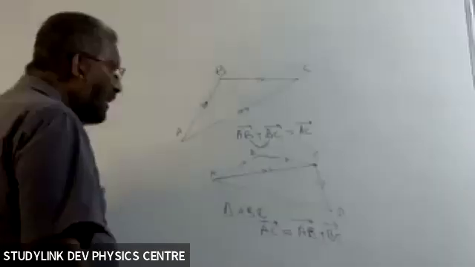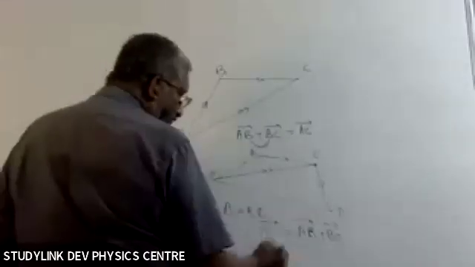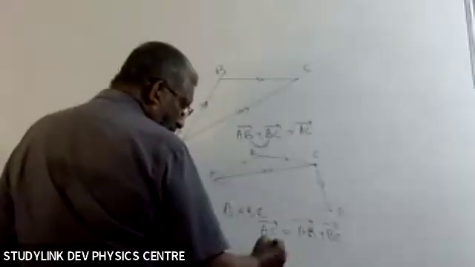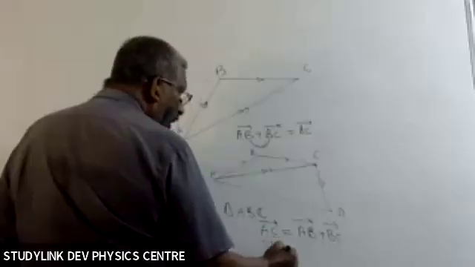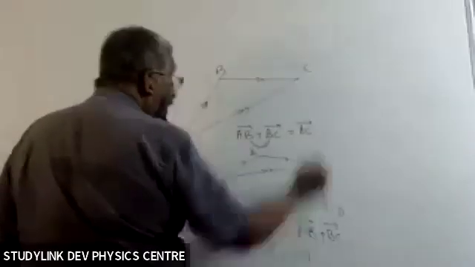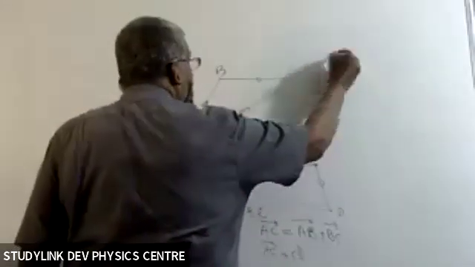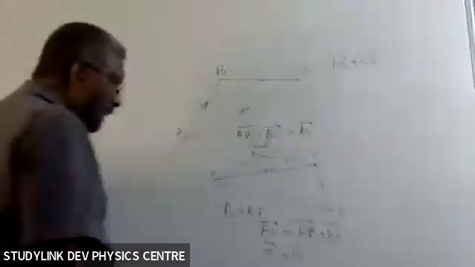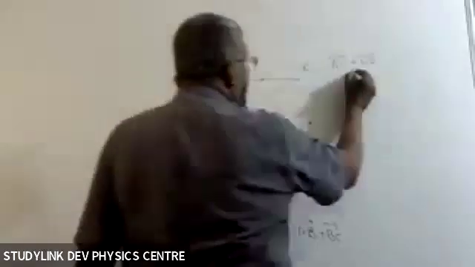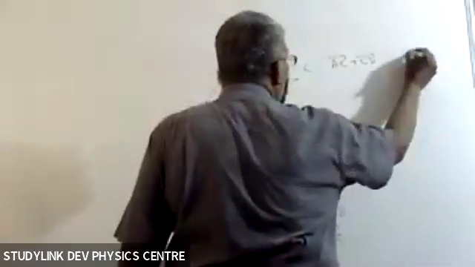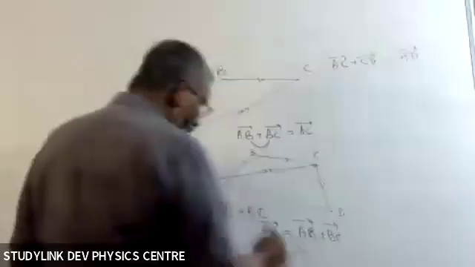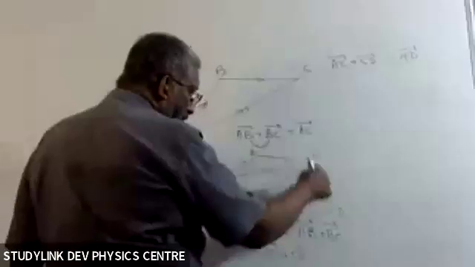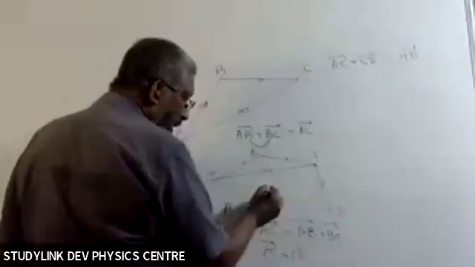Then AD is AC plus CD. That means these two are the same, therefore the answer is AD. From the triangle also you can see AC, CD, then AD is the answer.